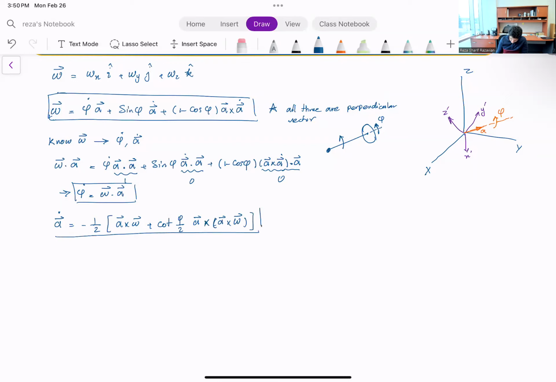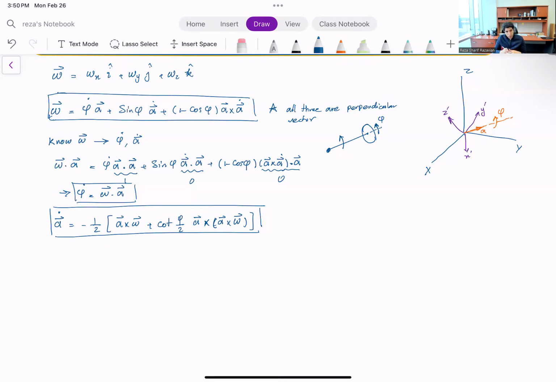And this is how your vector A, the unit vector A, is changing in space. Again, if you know your current A and your vector omega, you can get how A is changing.